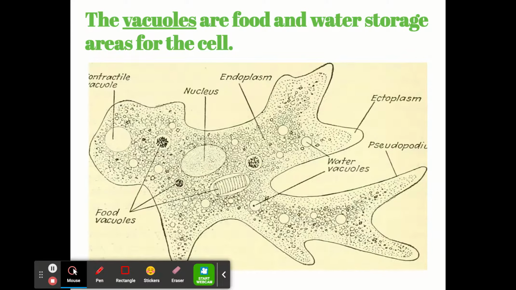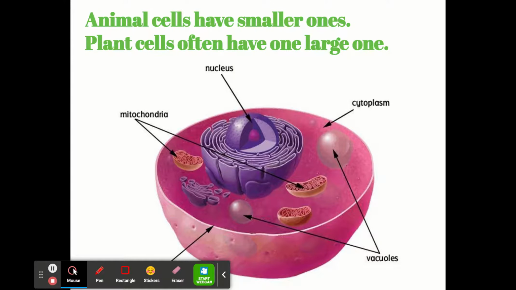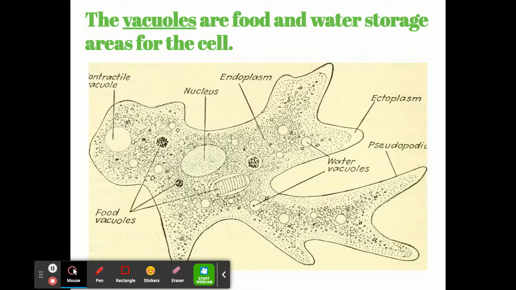Okay. So vacuoles are like these sacs, and they are storage for food or water. Now, animal cells and plant cells both have vacuoles as well. In animal cells, they're usually a bit smaller than in other cells. The ones in the amoeba can be really big or pretty small.